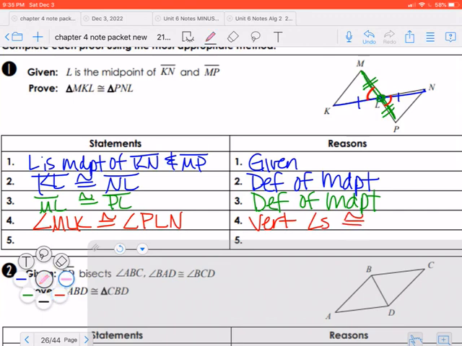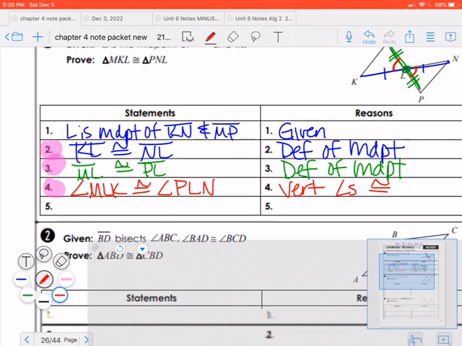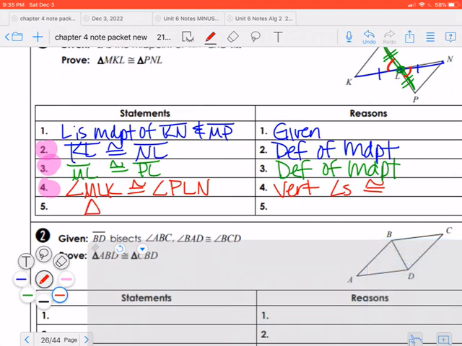All right, so we have side, angle, side. Now we can write out that they're congruent. Triangle MKL is congruent, and I'm just copying what it says up here to prove, triangle PNL, by side, angle, side.